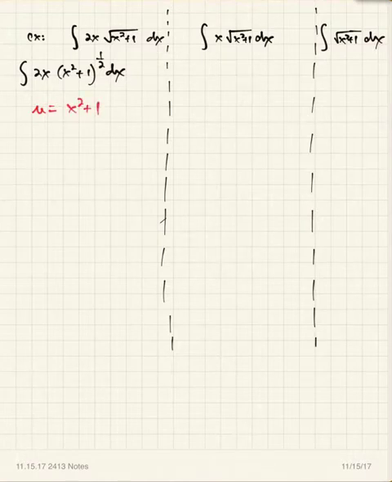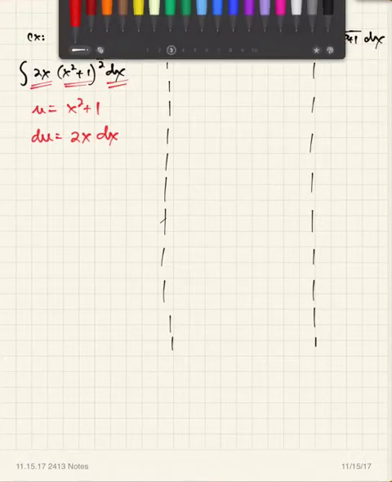So we let u be equal to x squared plus 1. And then du, the definition, remember, is the derivative of x squared plus 1. So that'd be 2x dx. This is set up perfectly for a substitution. We have x squared plus 1 to the 1/2, there's our u right there, and then 2x dx is our du.